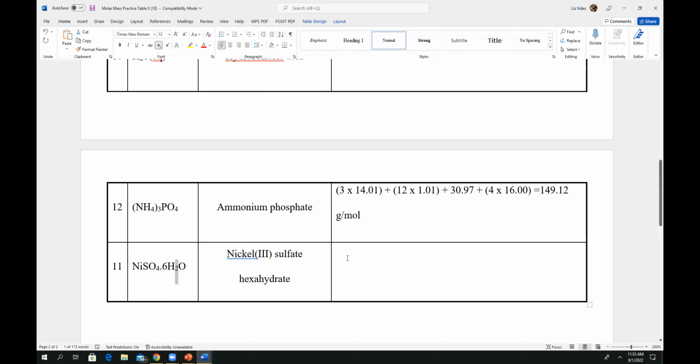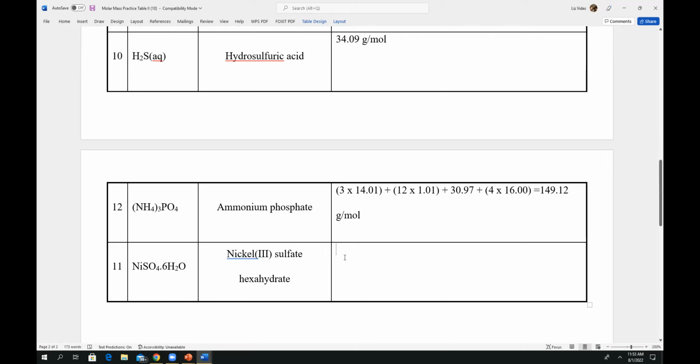Now, 1 nickel, and nickel is 58.69, plus we have 1 sulfur, which is 32.07, plus we have 4 oxygens times 16.